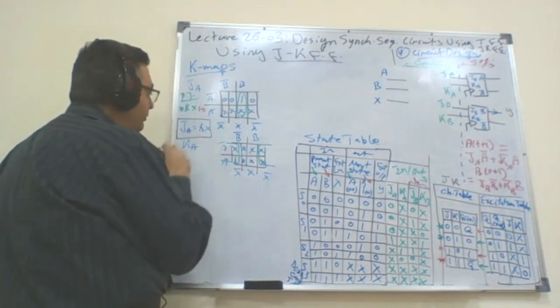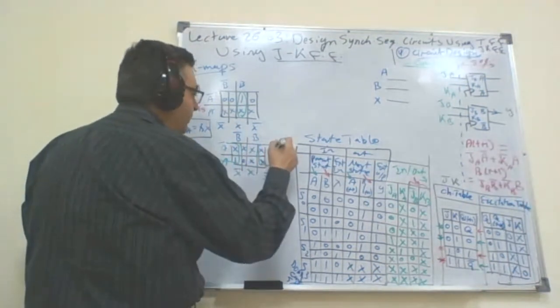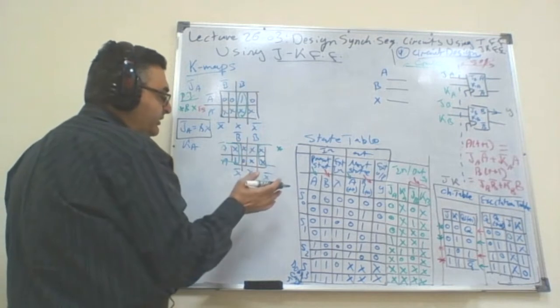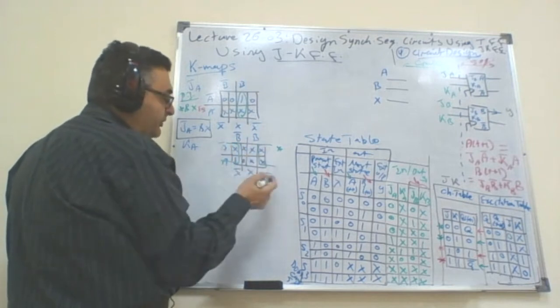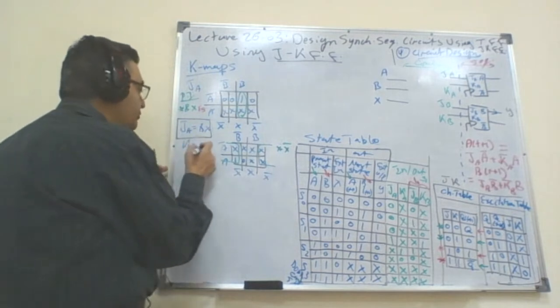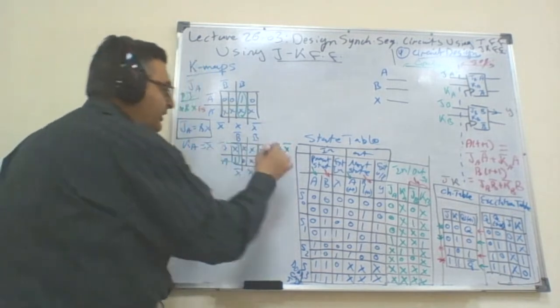K equals only one term. This prime implicant is A bar, A cancelled, B bar, B cancelled. This is simply X bar. So KA equals X bar, and this is definitely essential.